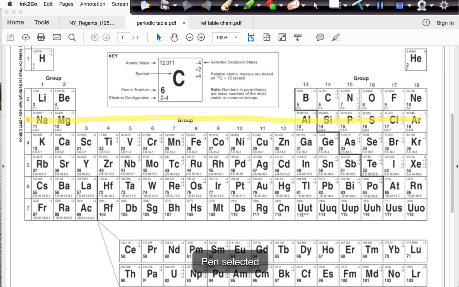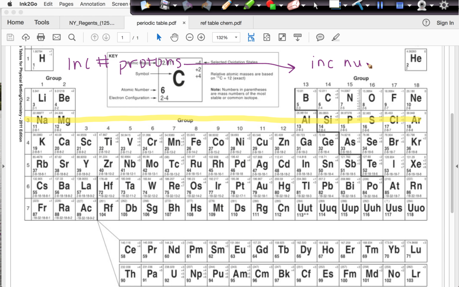So as we go across a period, because of this increasing number of protons, we also call that an increasing nuclear charge. What we see is that as we go across, the atoms tend to get smaller and smaller. Remember, they have the same number of shells of electrons, but having more positives in the nucleus pulls those valence electrons and all the other electrons in closer to the nucleus.